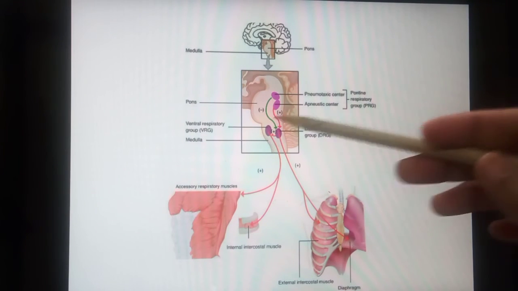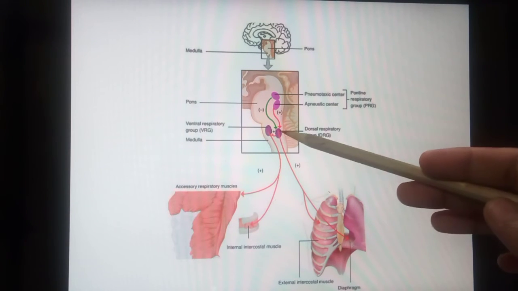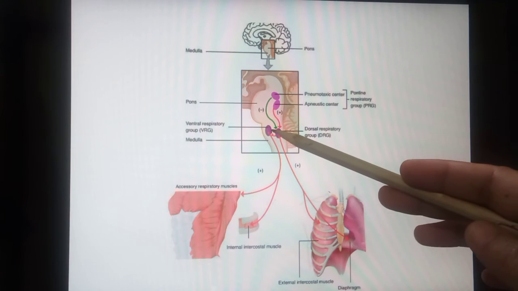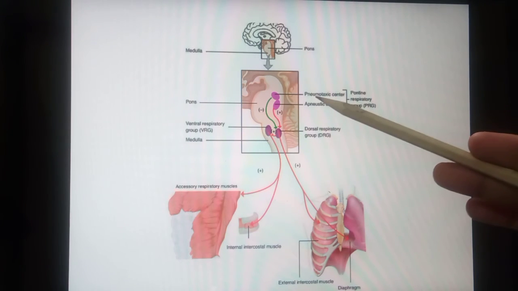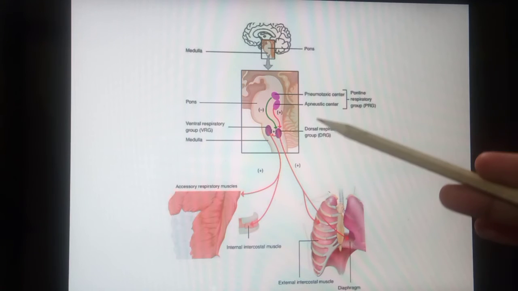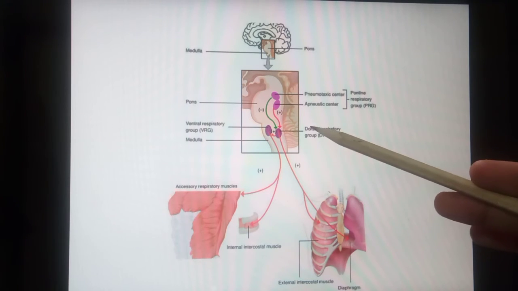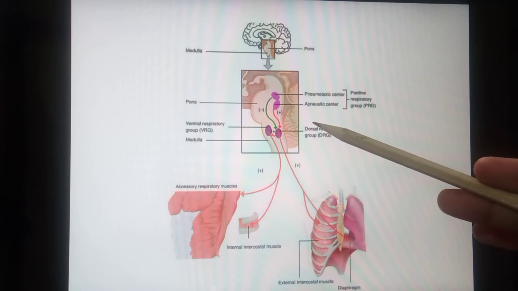In the ventral respiratory group, some chemoreceptors are present. When you are doing exercise, the level of carbon dioxide increases, meaning your cells produce too much carbon dioxide, so the hydrogen ion increases in your blood.